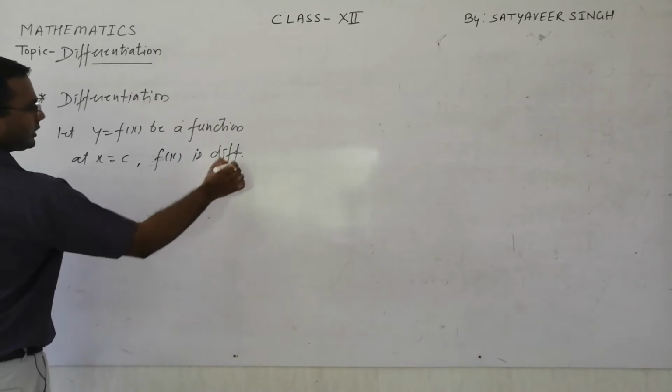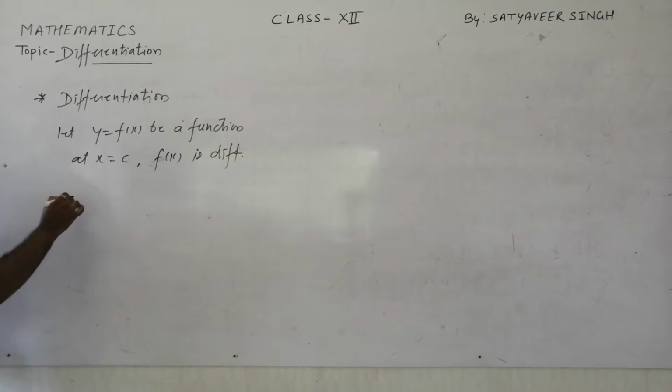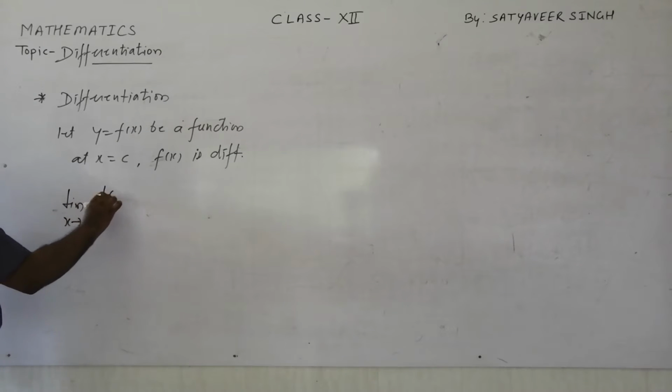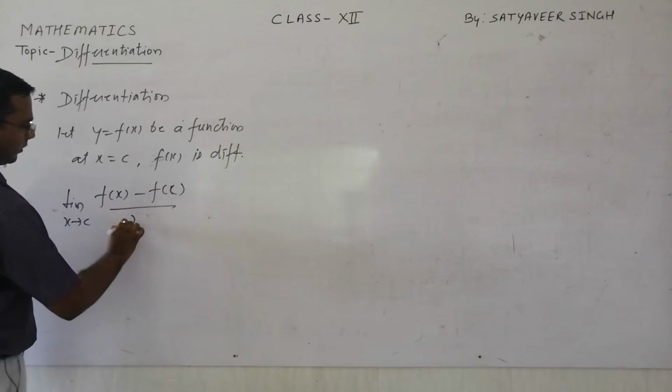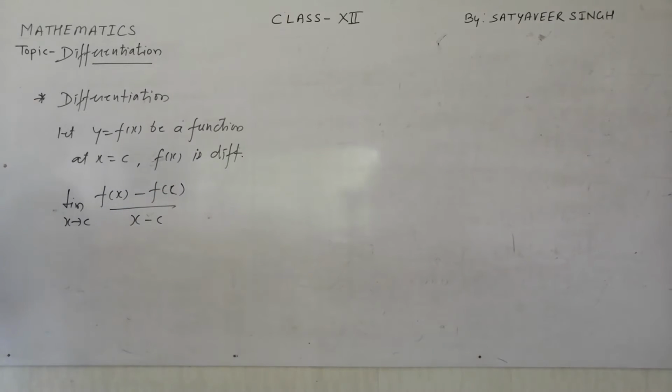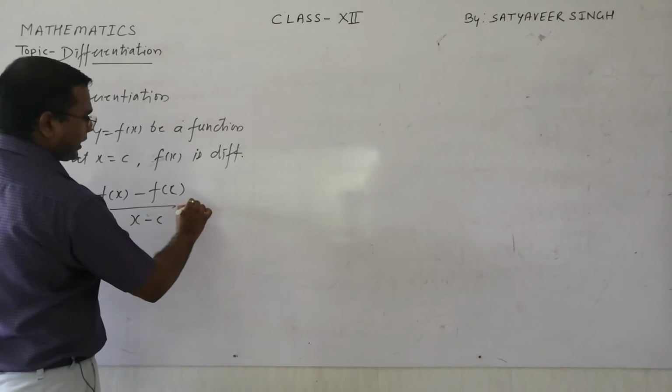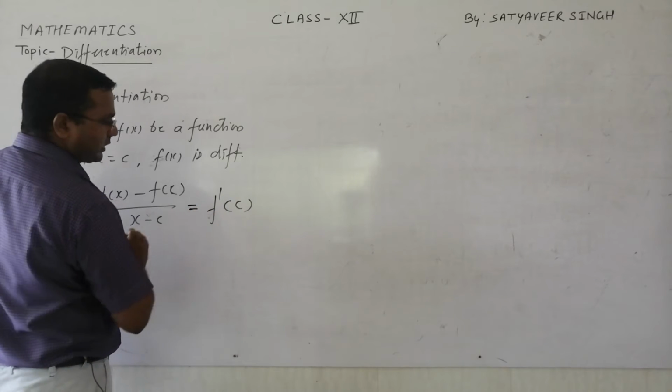If it is differentiable at x is equal to c, then definitely we can write limit x tends to c of (f(x) minus f(c)) upon (x minus c), which we used to call the derivative by the first principle in the previous class, and which can be represented by f dash c also.